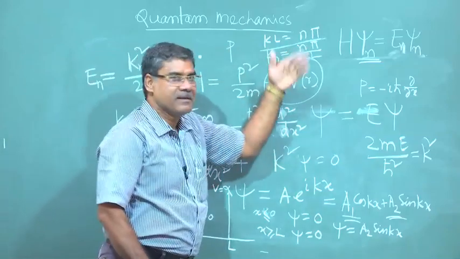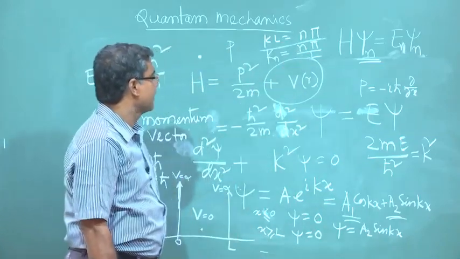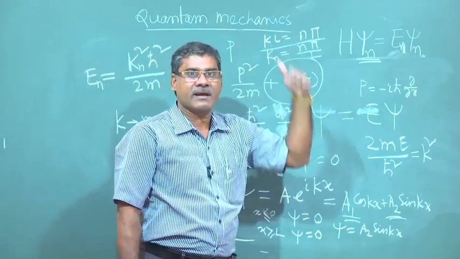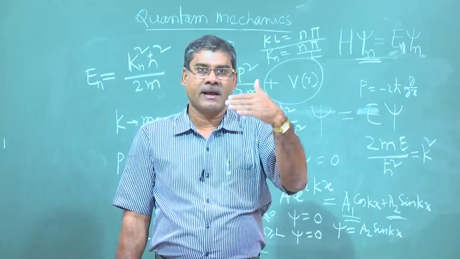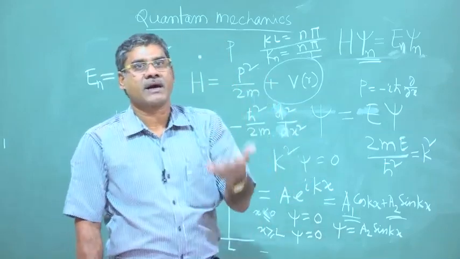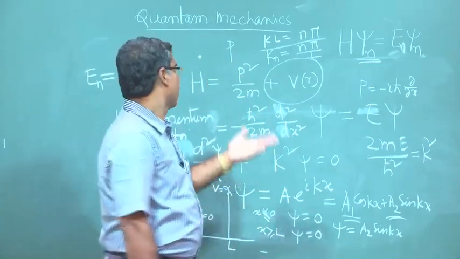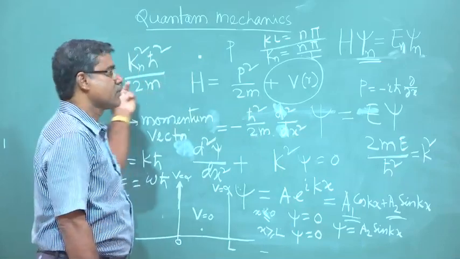These are basically different states, and for each state I will get momentum, energy, and the corresponding wave function: psi 1, psi 2, psi 3, momentum k1, k2, k3, energy E1, E2, E3.